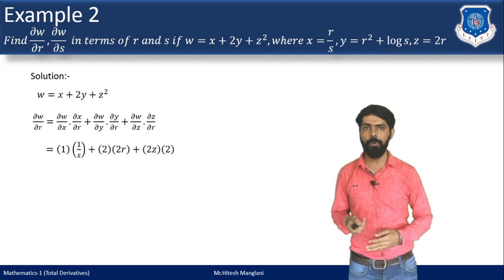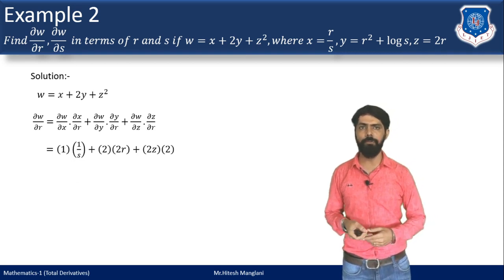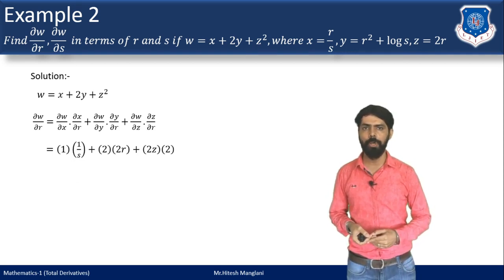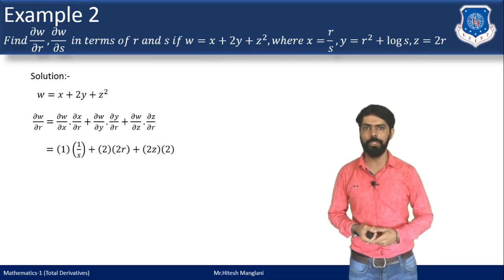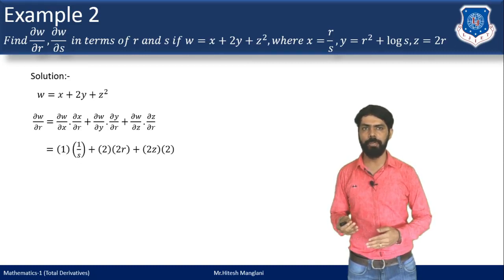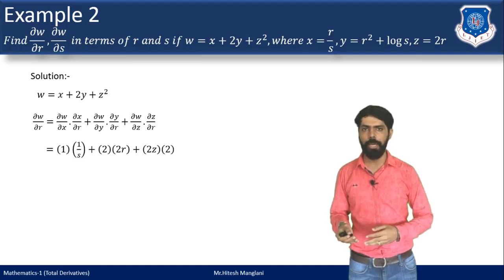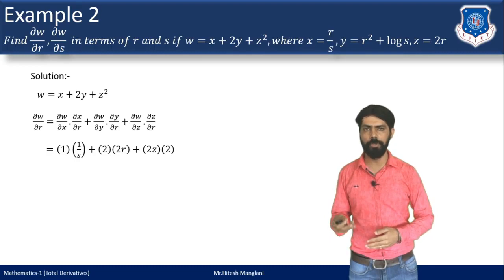Now del w by del x, that means we will have to partially differentiate w with respect to x. So if we partially differentiate w with respect to x, that means y and z will be constant. So the derivative of the first term will be 1 because the first term is x, and the second term, that is 2y, and y is a constant, so the derivative of the second term is 0, and the third term, that is z square, and the derivative of z square will also be 0.